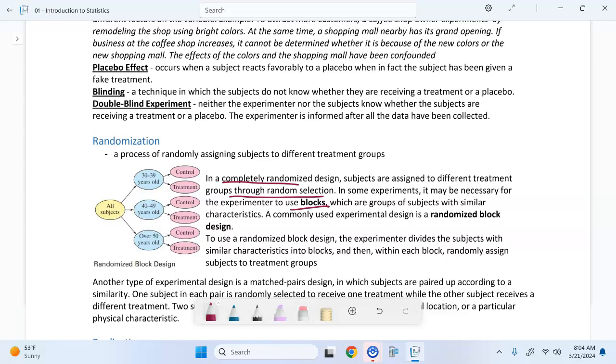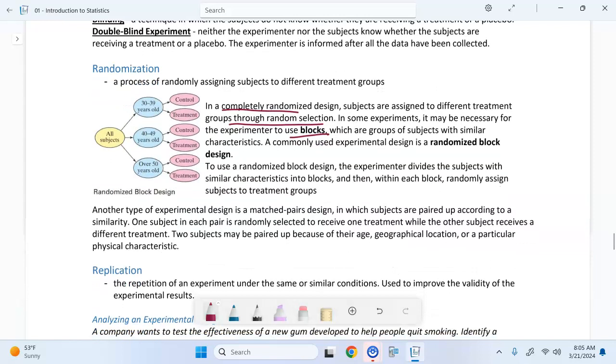And then I go to all the women and say, okay, half of you go here and half of you go there. So that way I have an equal mixture for whatever that characteristic is. And so you can do it on age, you can do it on gender, you can do it on working status, you can do it on whatever. Okay? You can make these random block designs. So you divide the subjects with similar characteristics and then randomly assign them to different treatment groups.